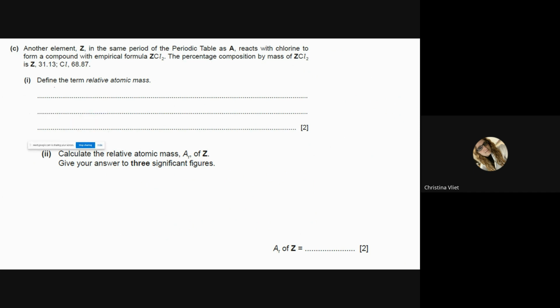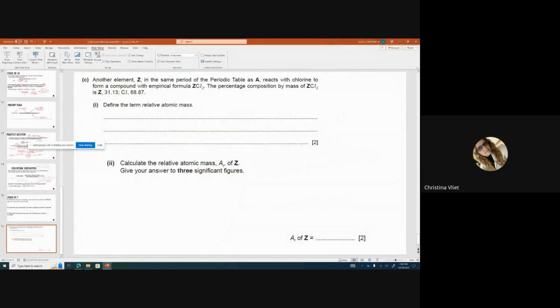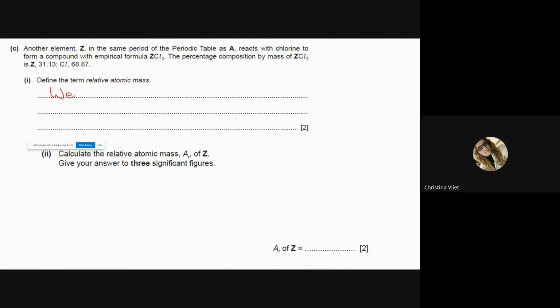The weighted average of all atoms of an element compared to the unified atomic mass unit, which is 1/12 of carbon 12.